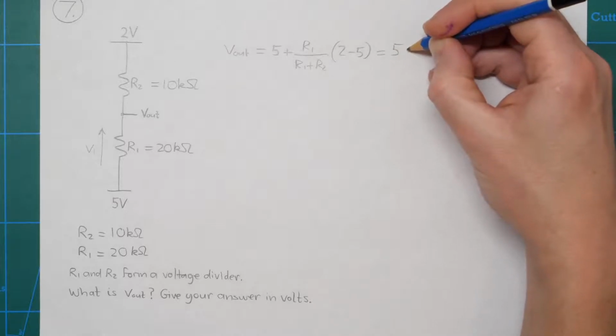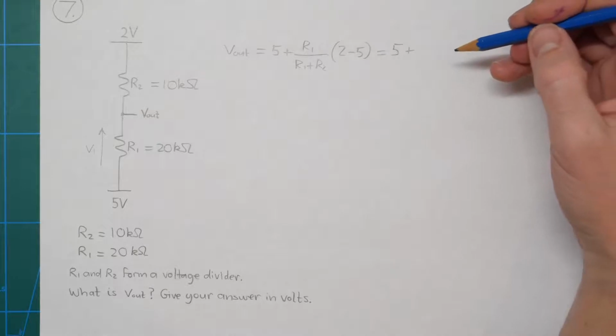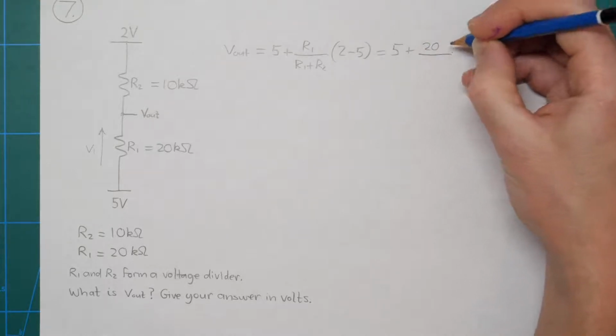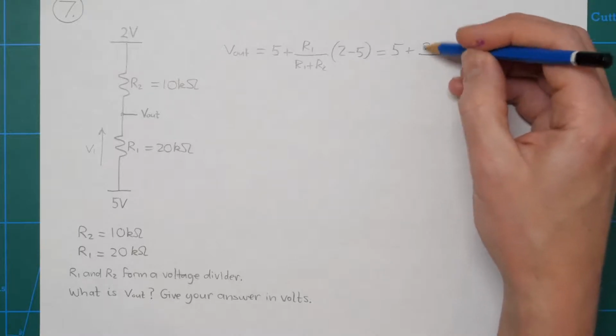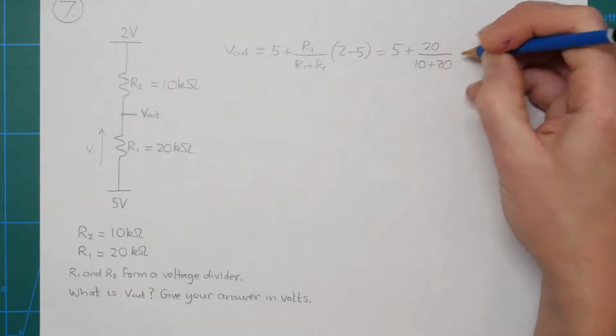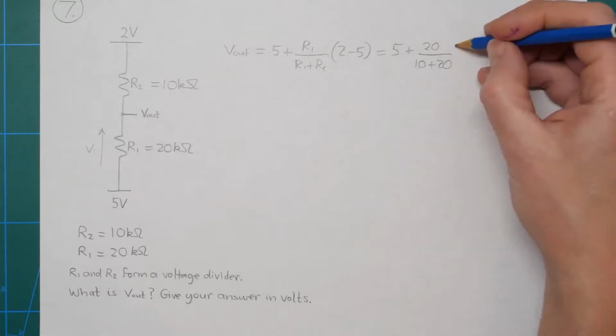So altogether this adds up to 5 plus R1 is 20. I'm going to leave out the thousands here because it's going to cancel anyway in the numerator and denominator. Over 10 plus 20 multiplied by 2 minus 5, which is minus 3.